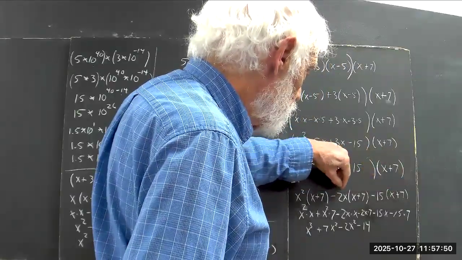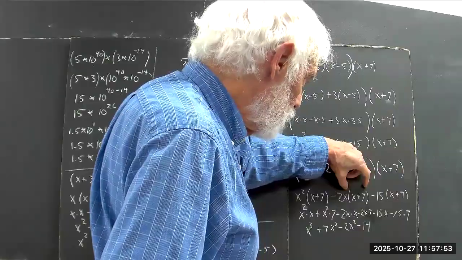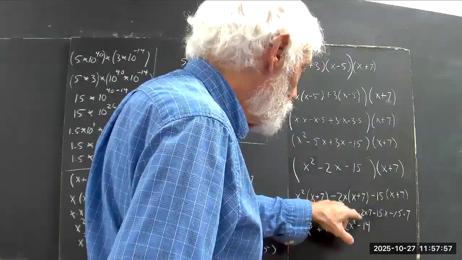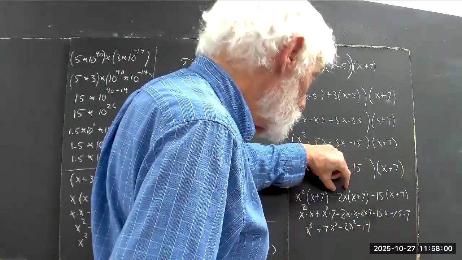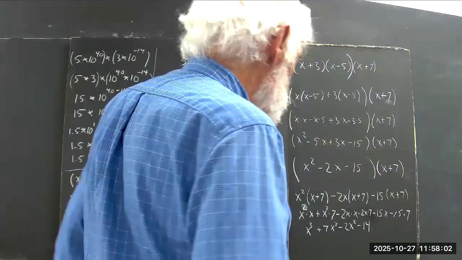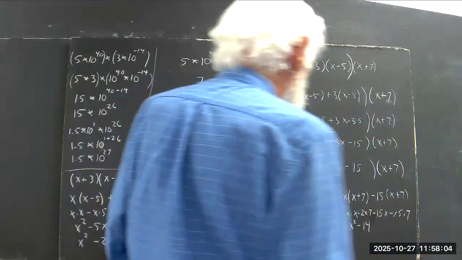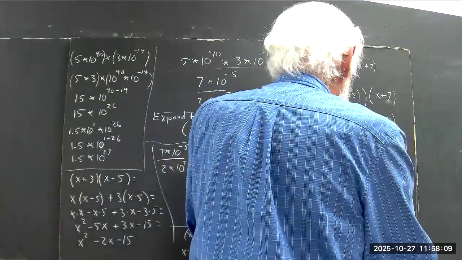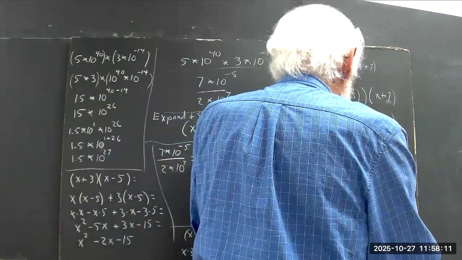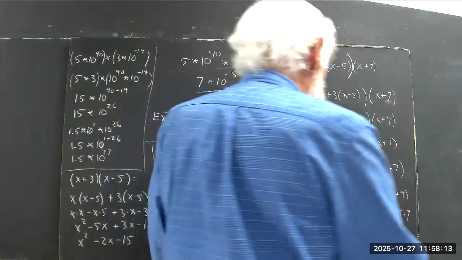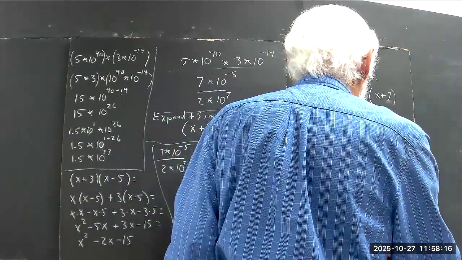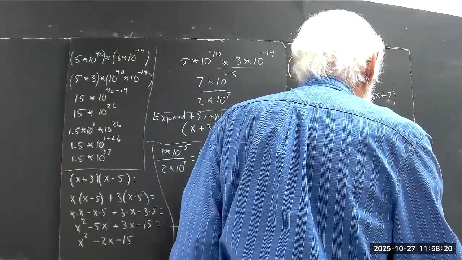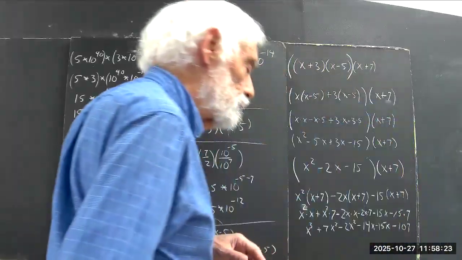On the middle quantity, negative 2x times x plus 7, I wrote negative 2x times x. And then I wrote negative 2 times 7. Well, no, it's negative 2x times 7. So we've fixed that. So now in simplifying, when we get up to where I had negative 2 times 7, it should be negative 2x times 7, which gives us negative 14x, minus 15x, minus 107.